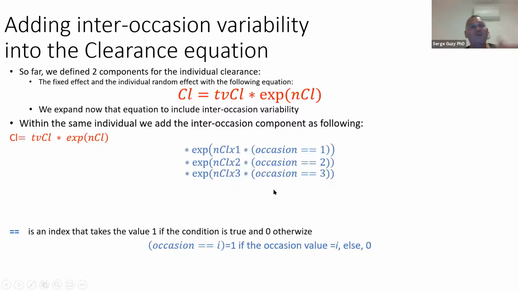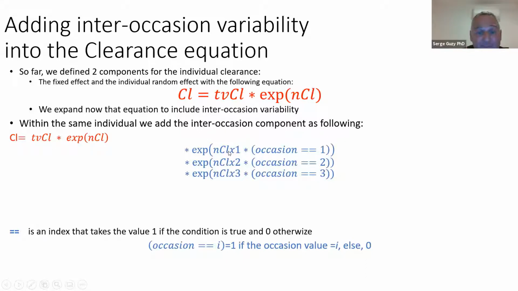If I would continue that forever, you would see that the random effect, the sample from that distribution, will fluctuate around 0 with a certain variance, which at the end will be the variance of the inter-occasion random effect. Remember one thing very important.